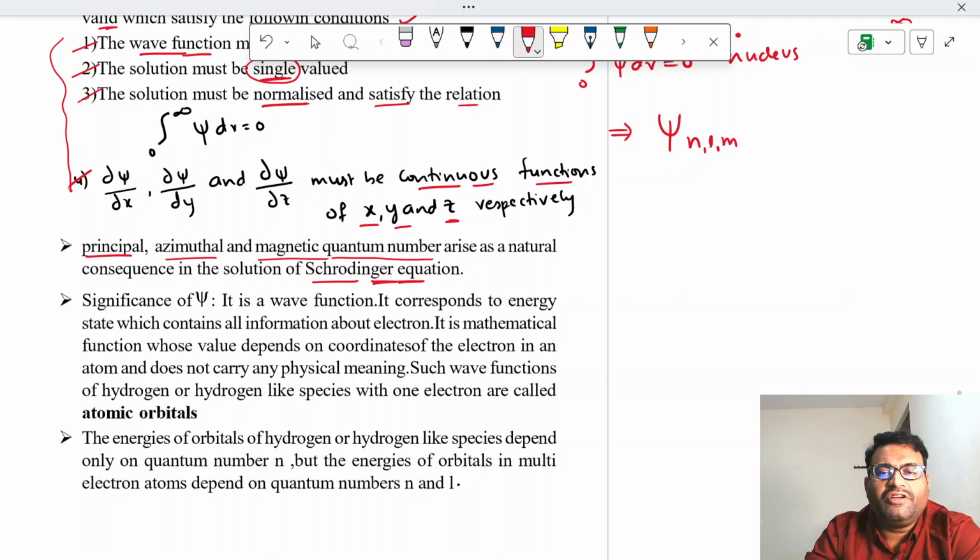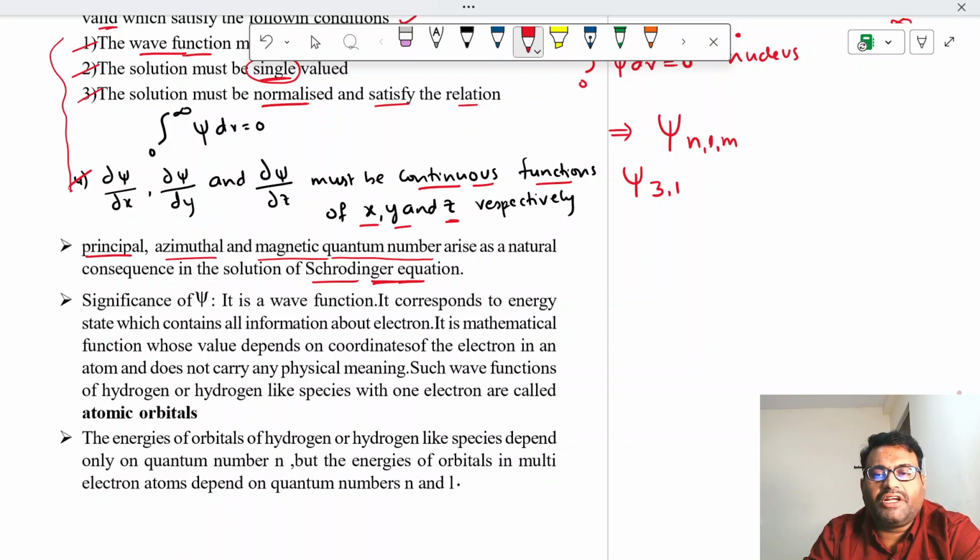For example, psi 3, 1, 0. What does this represent? 3 is the n value, 1 is the l value. Psi represents an atomic orbital.